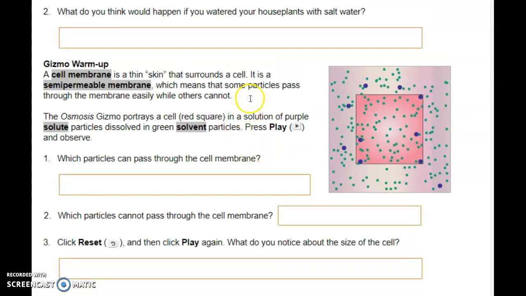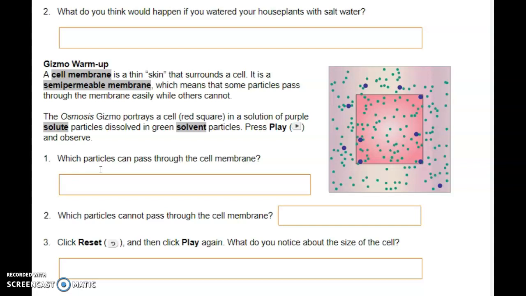Then in the warm-up, with the settings as they are when you get to the Gizmo, you're going to press play and do a little observation. You're going to see which particles can pass through the cell membrane, meaning the little thin black line around the red square cell, and which particles cannot pass through the membrane.